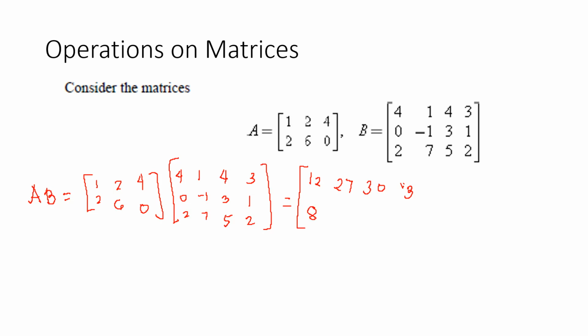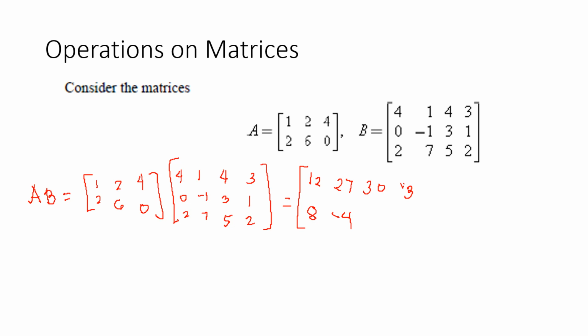Then you have 2 times 1 minus 6 times 1, then plus 0 times 7, which is equal to negative 4.